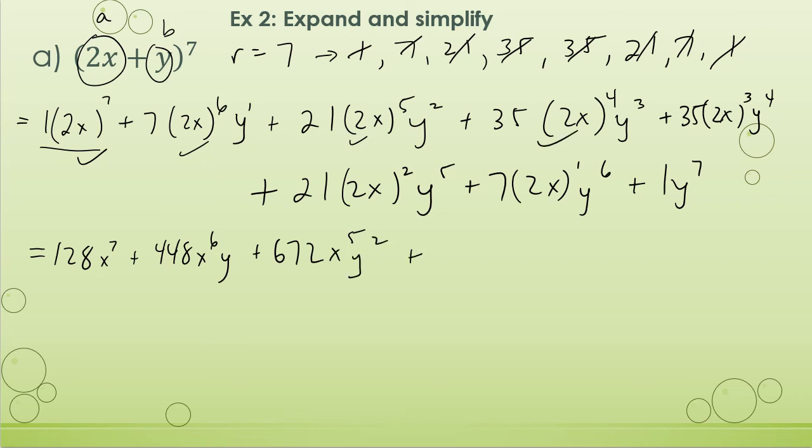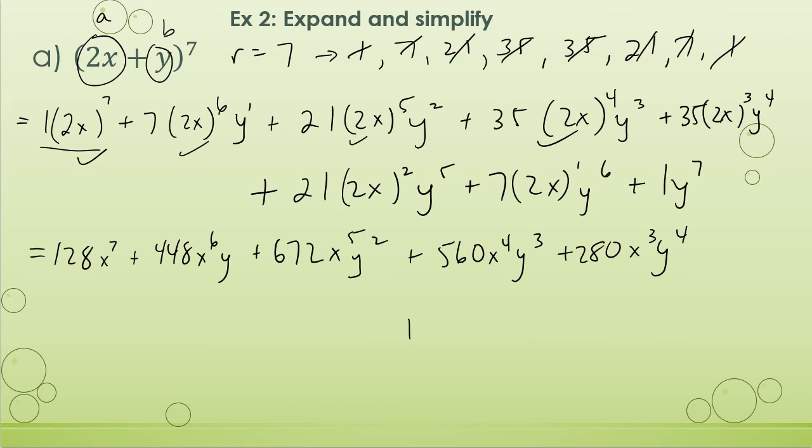Next term, 2 to the power of 4 is 16. 16 times 35 is 560 x to the 4, y cubed. 2 cubed is 8. 8 times 35, 280 x cubed, y to the 4.